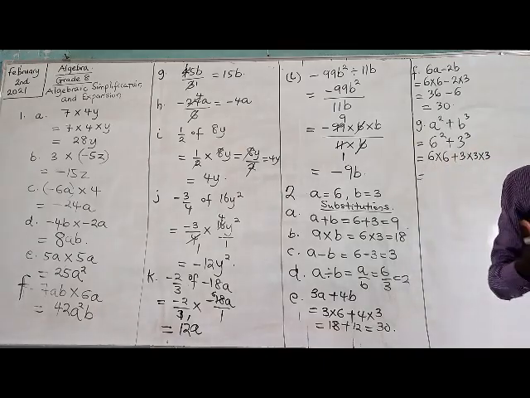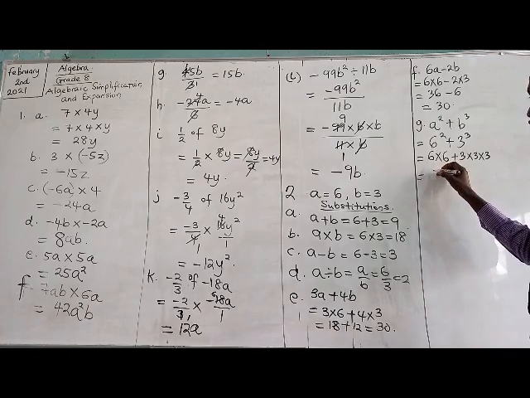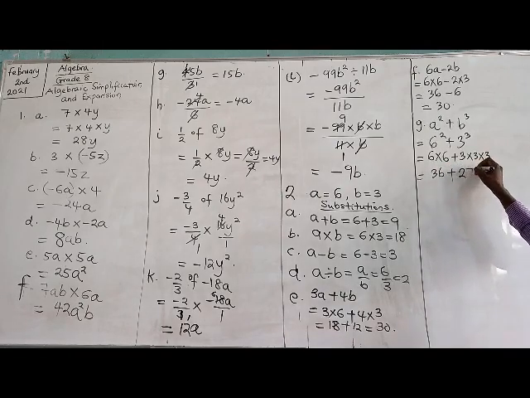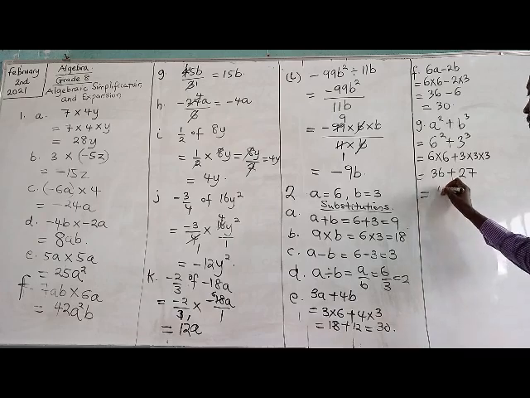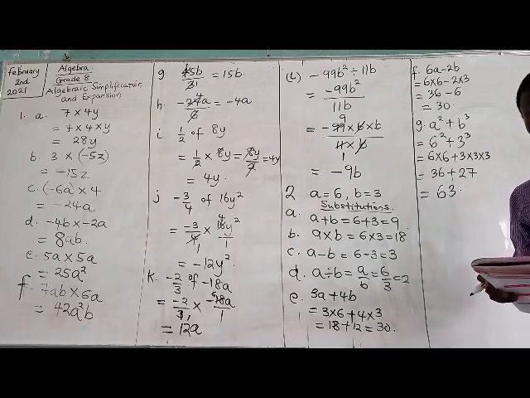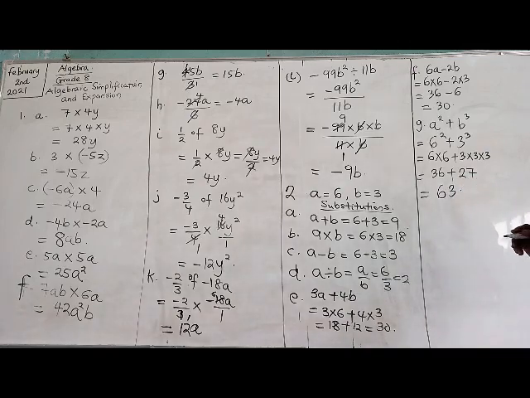So multiply that out. What would we expect to have? This is going to be what? 36 plus 27. And that will invariably give us what? 63. Thanks for that. That will be 63. And that takes care of that question.